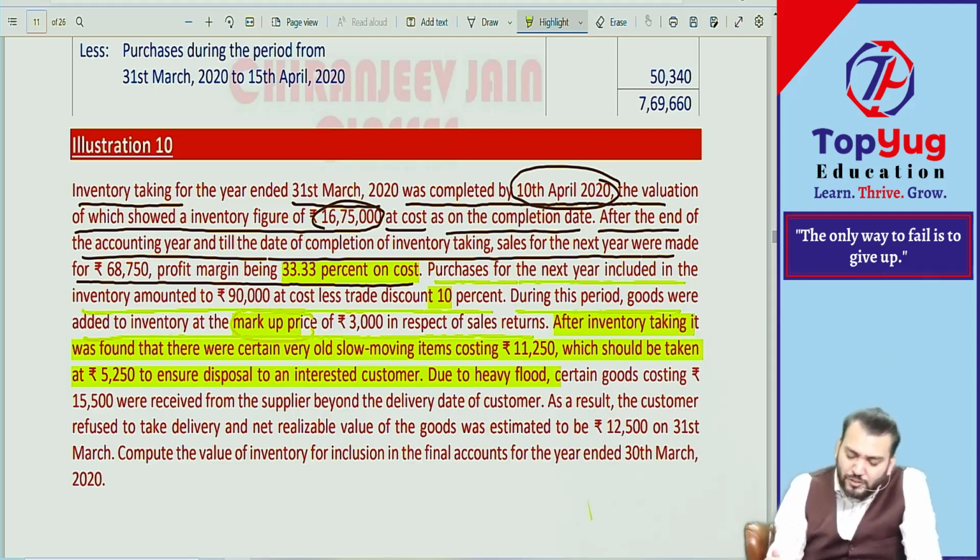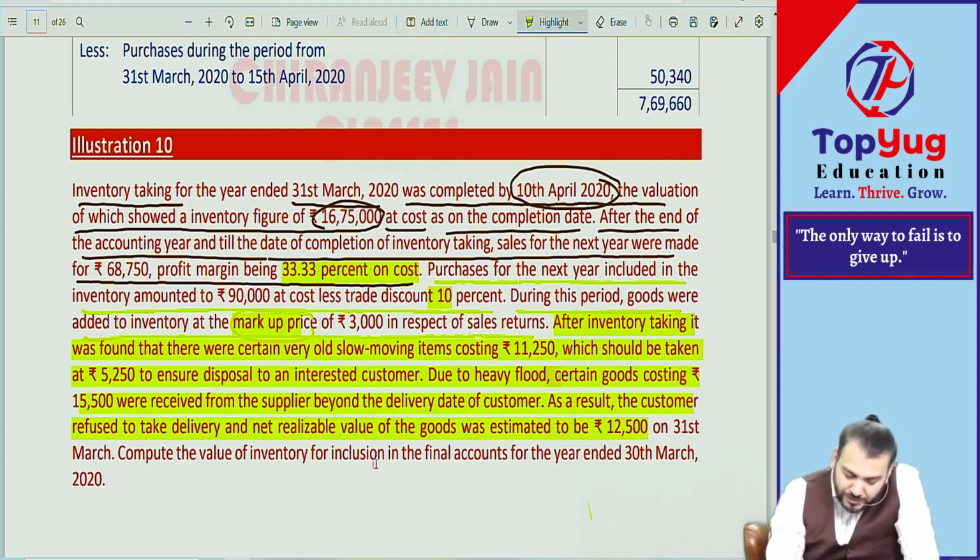Means some goods were sold but not taken by the customer, and because of that the value of those goods has decreased to 12,500. This point also I need to explain. Whatever we have not understood, just highlight it.